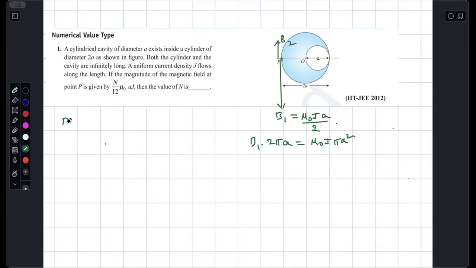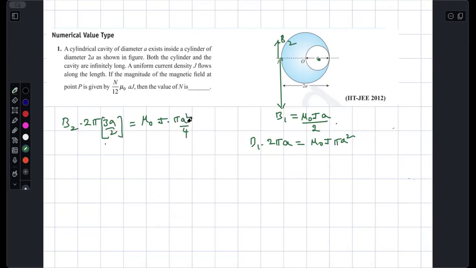B2. By the way, what is B2? B2 times, from this center, it is at a distance of 3A by 2. Mu naught 2 pi 3A by 2 is equal to mu naught times enclosed J times pi A square by 4.